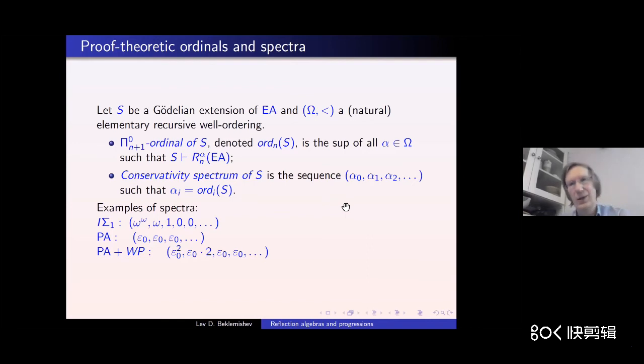And here we come to the notion of the pi n plus 1 ordinal, or proof-theoretic pi n plus 1 ordinal of S, denoted ord n of S. This is the supremum of all ordinals alpha, given a natural ordinal notation system, for which alpha's iteration of Rn is provable in S.